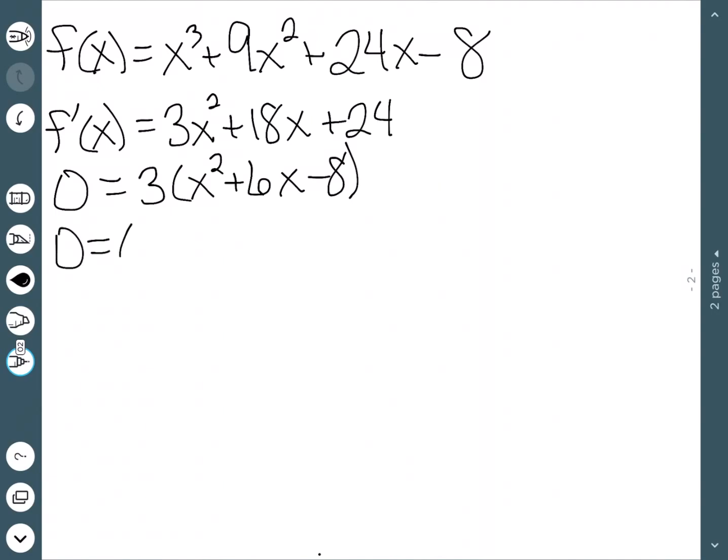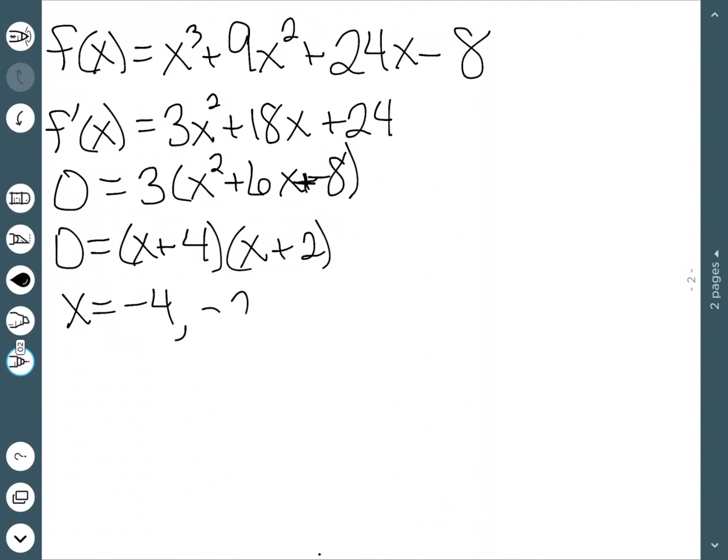Now, dividing by 3 and factoring, I have x plus 4 and x plus 2. So negative 4 and negative 2 are my critical points.